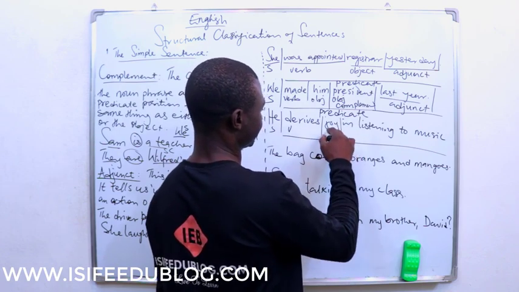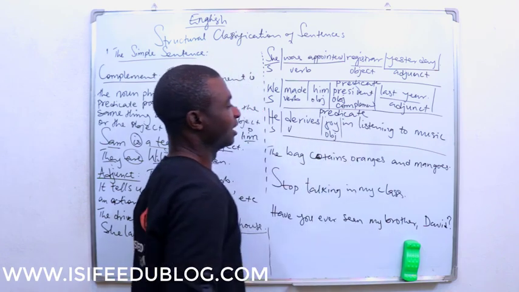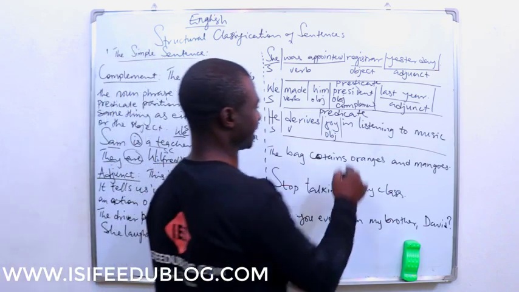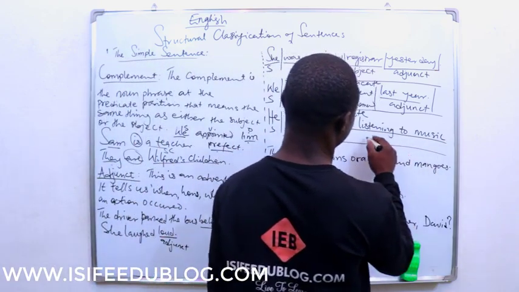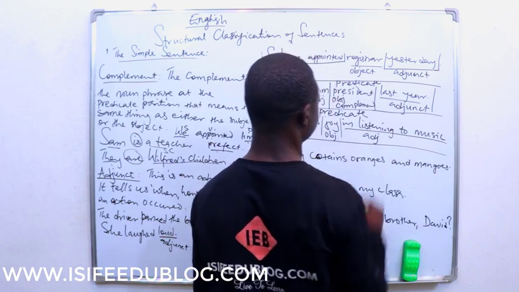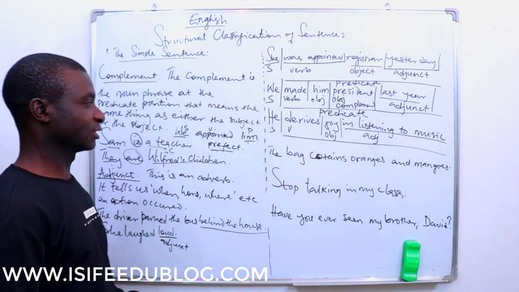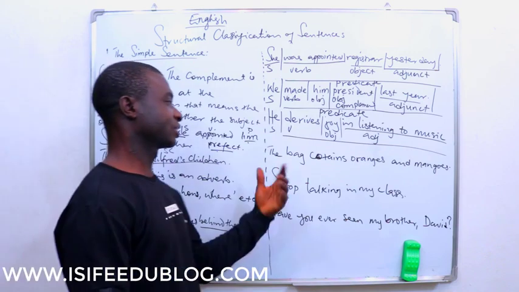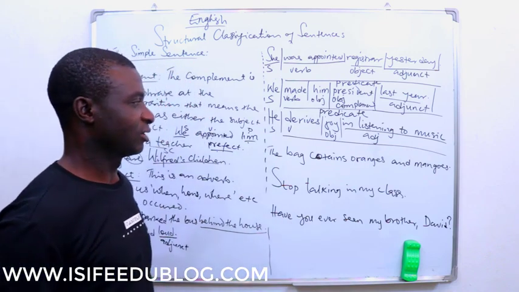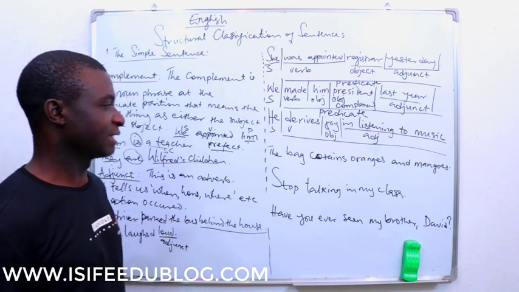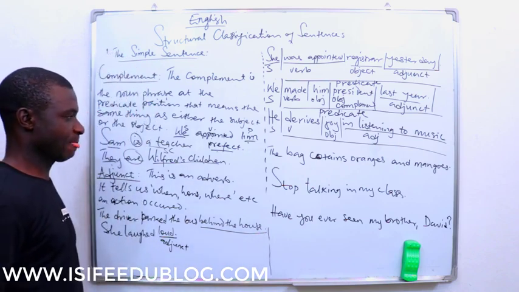Object. Yes. In listening to music is adjunct. Alright? In listening to music tells us source, how he derives this joy.